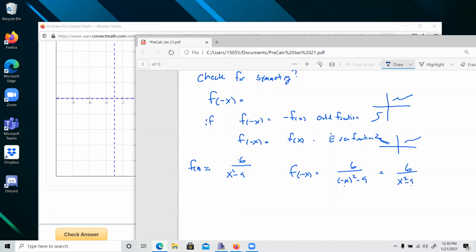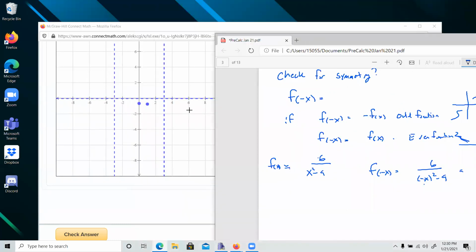So I know this is an even function. So whatever happens over here also happens over there. What does that mean for the amount of work I have to do for this region? Well, I don't need to type it into the computer. I don't need to reevaluate the function. I can just pick a point over here, and you know it's mirrored on this side.